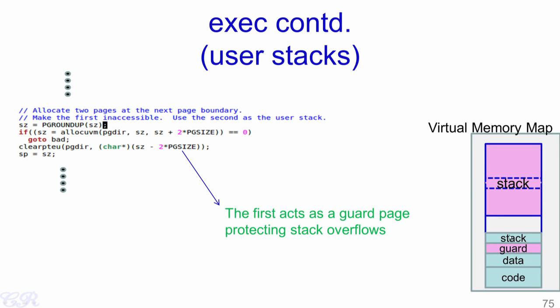One is used for the stack while the other one is used as a guard page. The guard page is made inaccessible. Essentially, this is used to protect against stack overflows. As we keep using the stack, its size keeps increasing and it would eventually hit the guard page, and as a result we would know that a stack overflow has occurred.